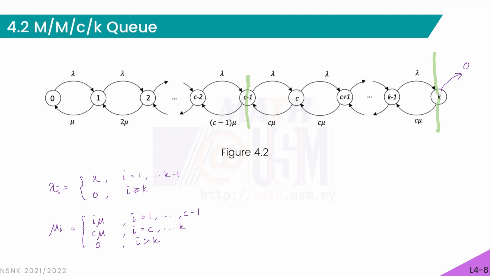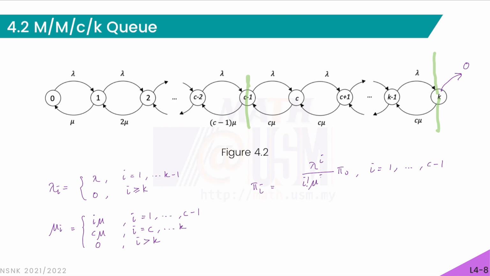By using our prior theory developed in M/M/C, you will have pi_i equals lambda to the power of i over i factorial times mu to the power of i times pi naught, for i equals 1 up until C minus 1.